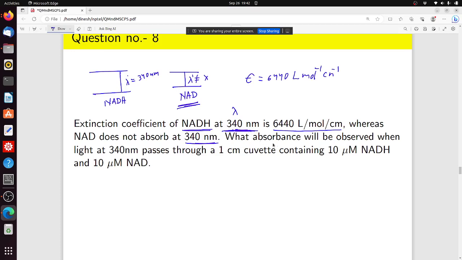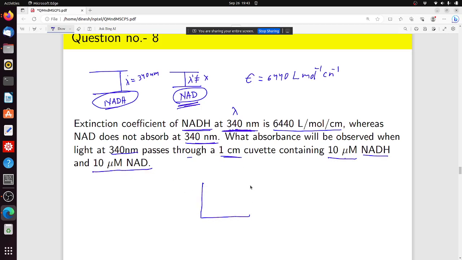Okay. So we are talking about absorbance. So let's say this solution won't absorb this wavelength of light, but NADH will absorb. So what absorbance will be observed when light at 340 nanometer passes through a 1 centimeter cuvette containing 10 micromolar of NADH and 10 micromolar of NAD?